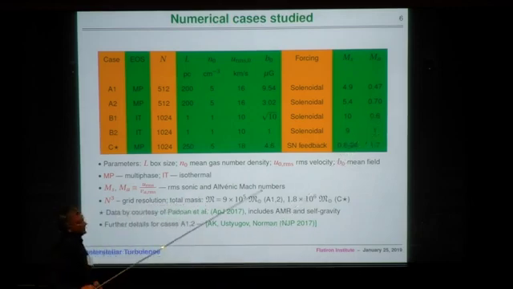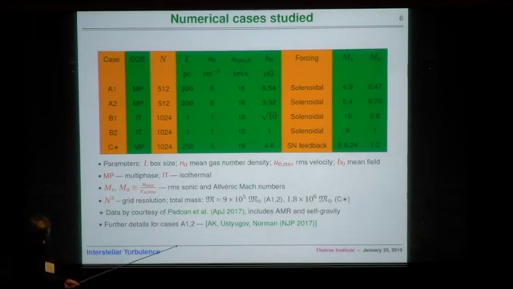And then we have, because people were discussing that maybe the reason for E to B is in the forcing, we wanted to have some diversity of forcing. So this model C star comes from, data come from Paolo Padoan. He kindly shared the data.